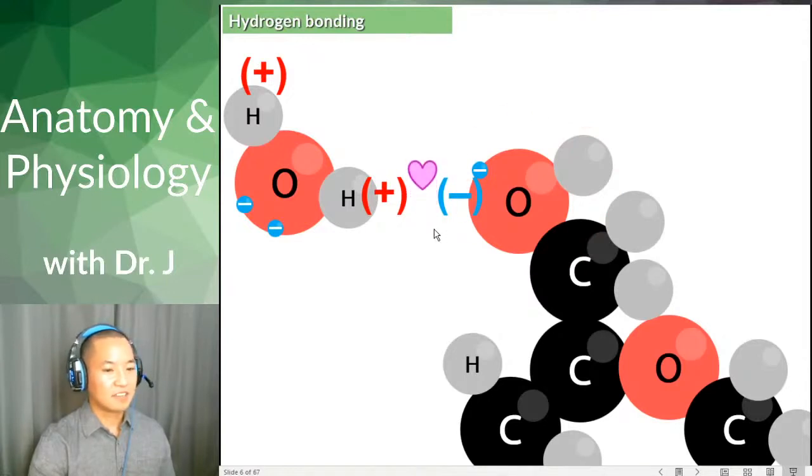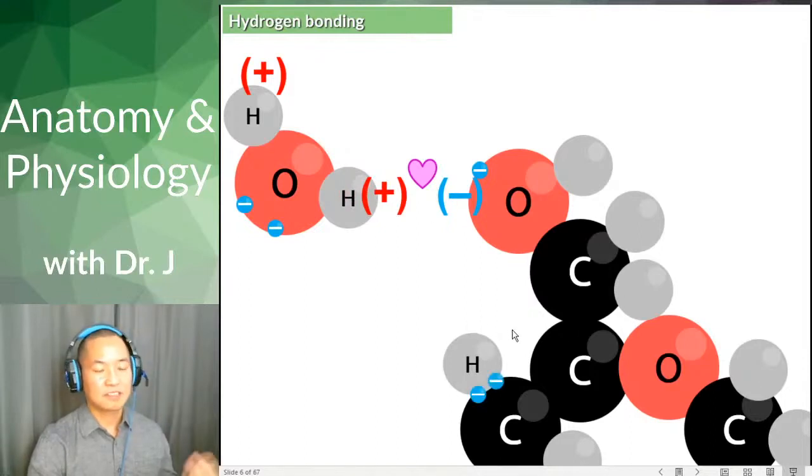This is a hydrogen bond. Why? Because there's no actual sharing of electrons between the water molecule and the glucose molecule. But since the hydrogens on water are slightly positive and the oxygen at this position in glucose is slightly negative, they attract each other.